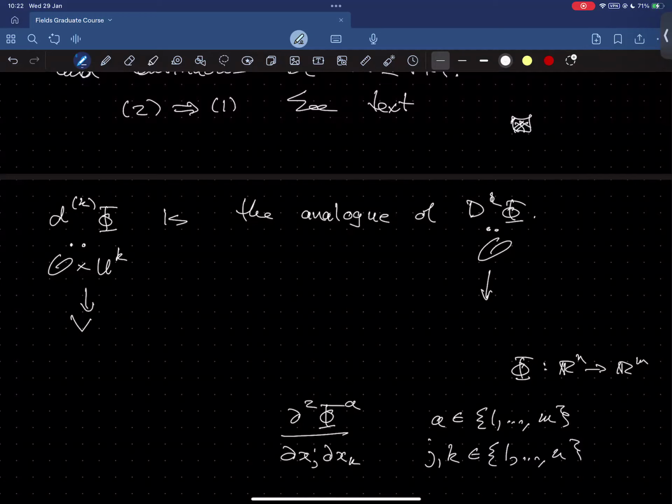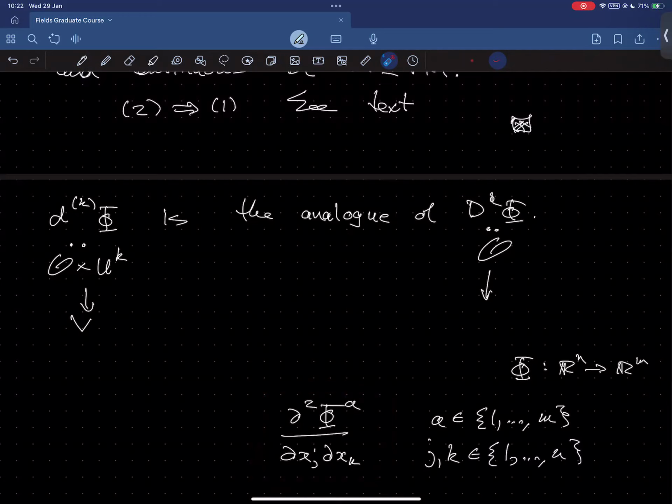Okay, and this you would have called the Hessian, right? So if M was equal to one, then you assembled these things into an n by n matrix, and you called that the Hessian.